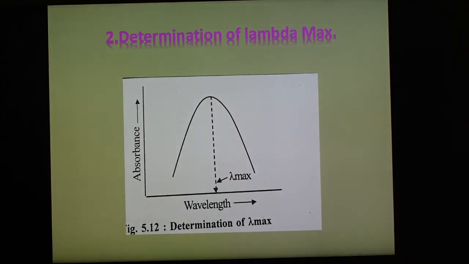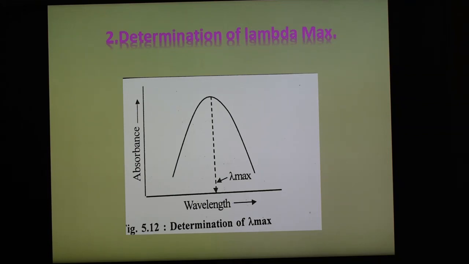So select the wavelength corresponding to that maximum, that is the lambda max. Therefore, lambda max is the wavelength at which maximum absorption takes place. So the second step is the determination of lambda max. Once we know the lambda max, then measure the absorbance of all the 10 systems and the unknown system.